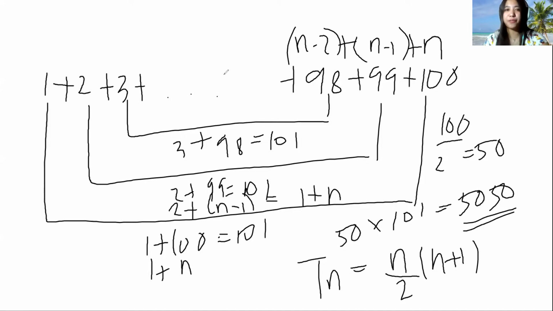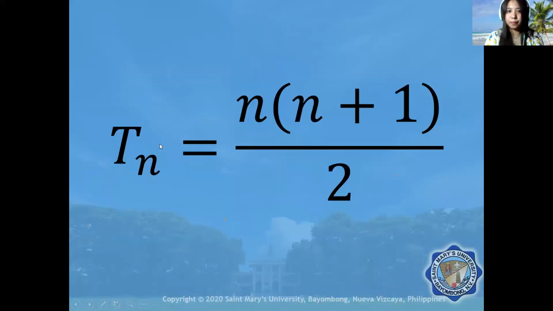This is the formula of our triangular number. Let's go back to our slide. So it is n multiplied by n plus 1, all over 2.